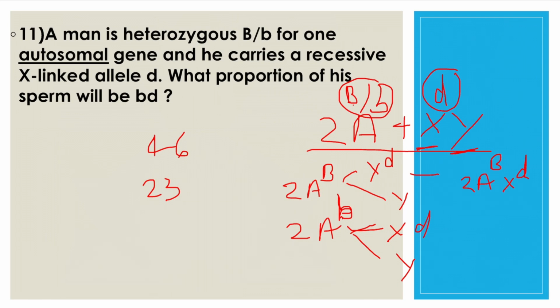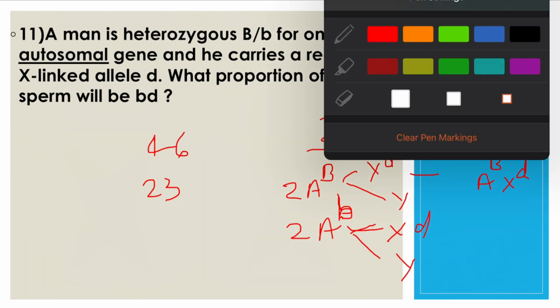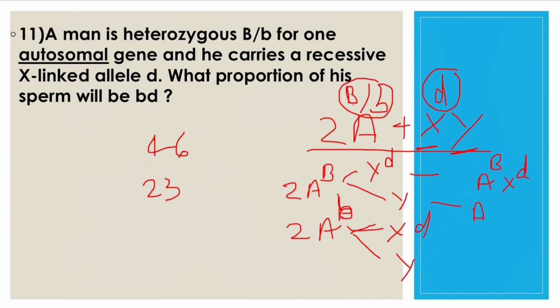In another it will have A, capital B and Y. In another scenario it can have A with small b and X with d, and in another scenario it can have A with small b and Y. So it can form 4 types of sperm because of this condition and this condition. I hope you have understood it.